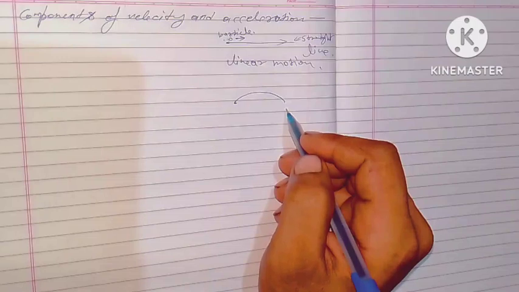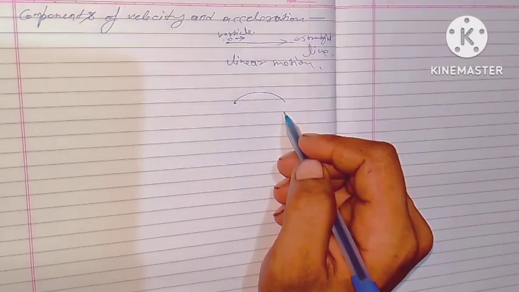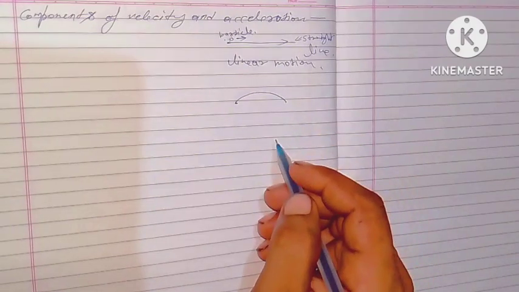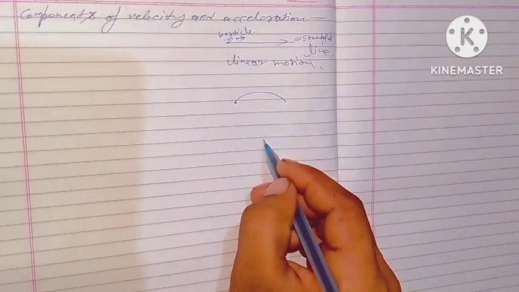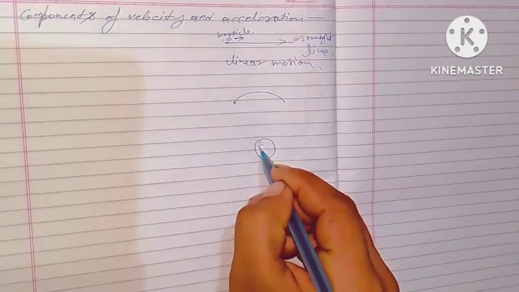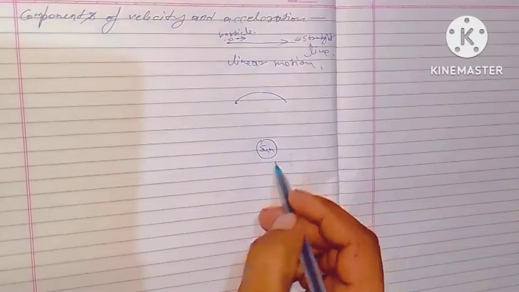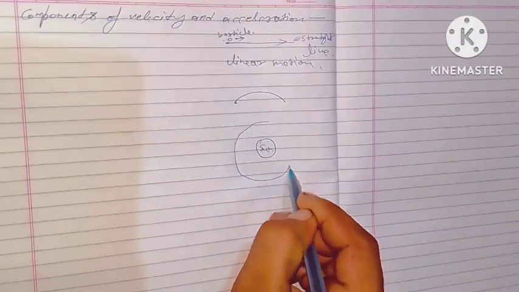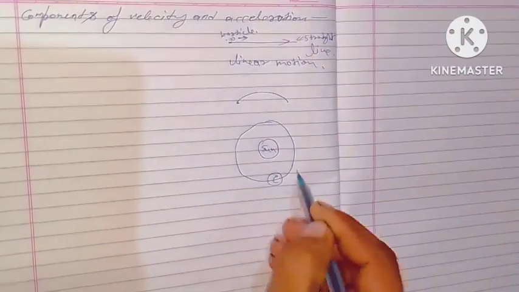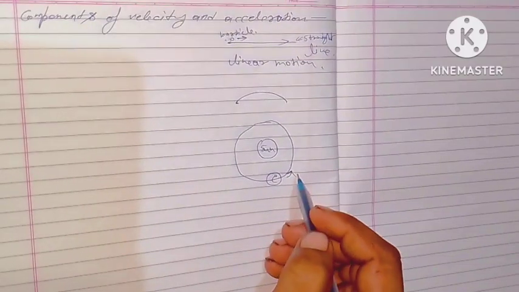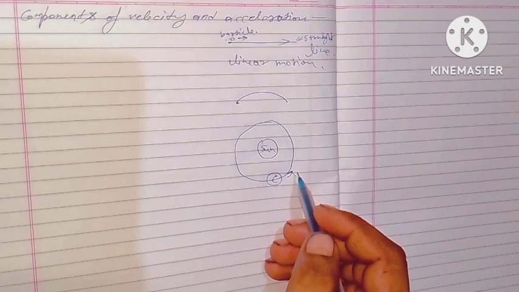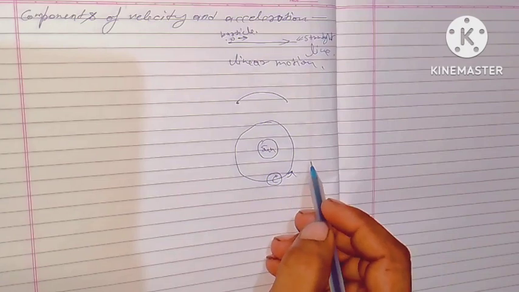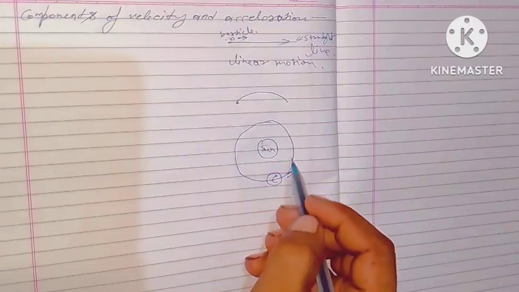It is possible to treat motion in a curved path by considering the tangential velocity or by resolving the motion into two linear components. For example, the Earth rotates around the sun. This is the sun, and this is the Earth. Earth rotates around the sun in its nearly circular orbit.